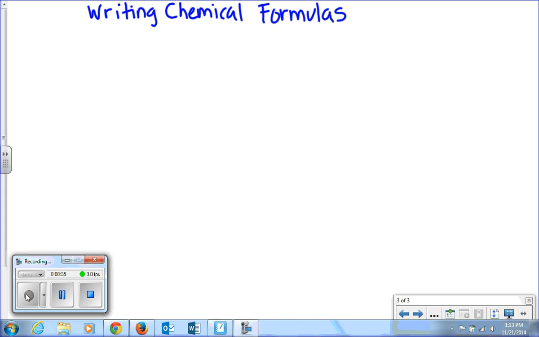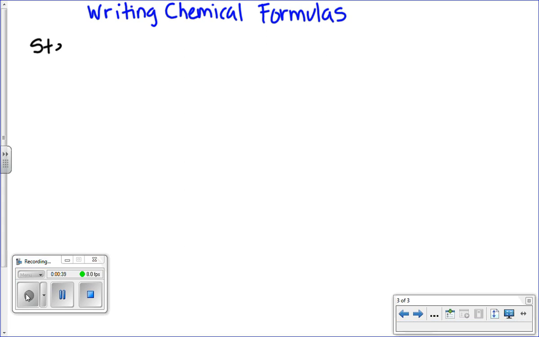So the first step in writing chemical formulas is to write the ions side by side.